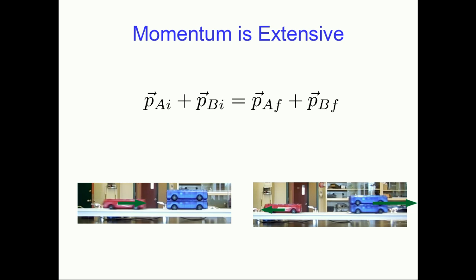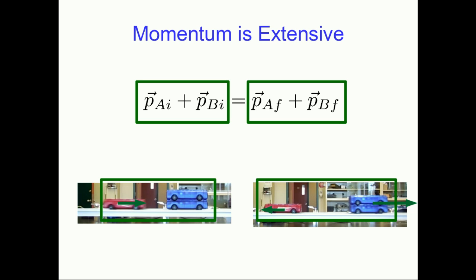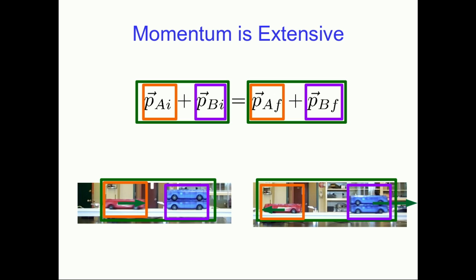We can think of our system as the pair of carts, and we then have a total momentum of the system, which is apparently just a sum of the momentum of the one cart and the other cart. So this is just like if we think of dividing the system into two halves, might as well call them A and B. Well, our total momentum is the sum of the contributions due to the two parts.